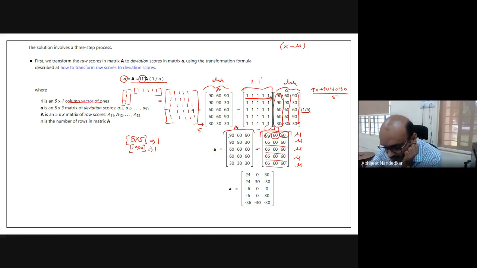From first row mu is subtracted, from second row mu is subtracted, third row, fourth row, fifth row. From every row the corresponding mu is subtracted. So we will get this kind of situation. From all the data samples, the mean of the data is subtracted and you get this deviation matrix.